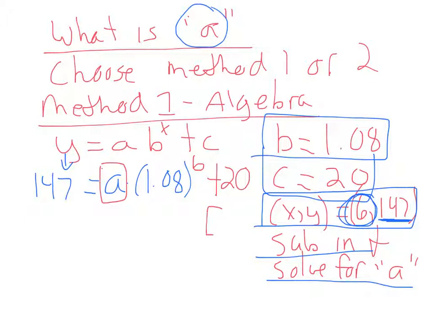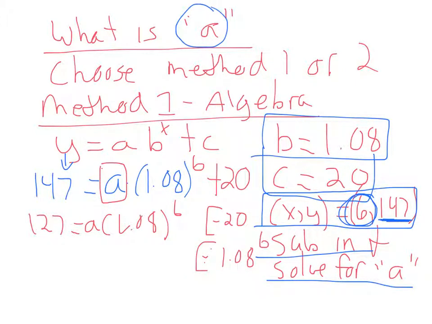So to solve this, I minus 20 off both sides, and that will give me 127 equals A times 1.08 to the 6th. And then I want to divide both sides by 1.08 to the exponent of 6. So A will equal 127 divided by 1.08 to the exponent of 6.